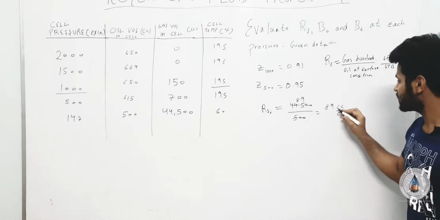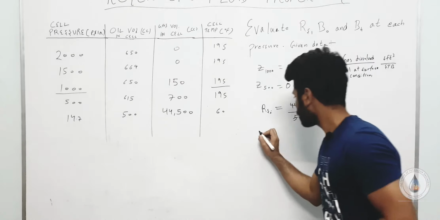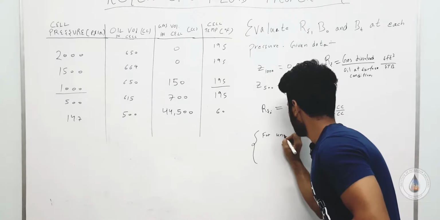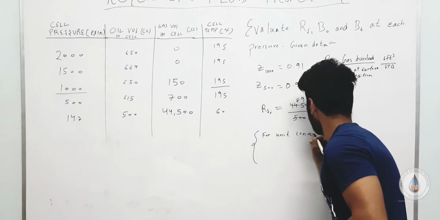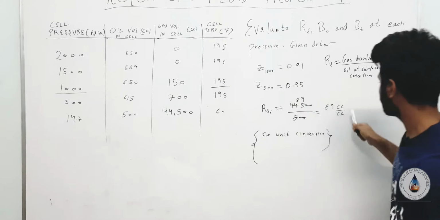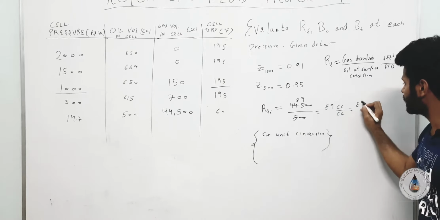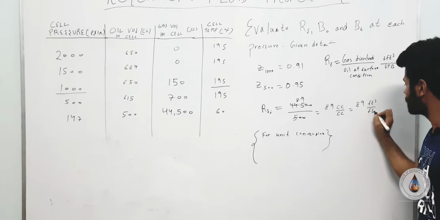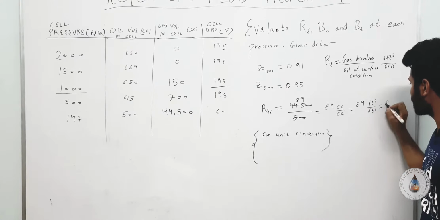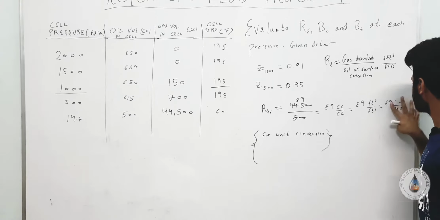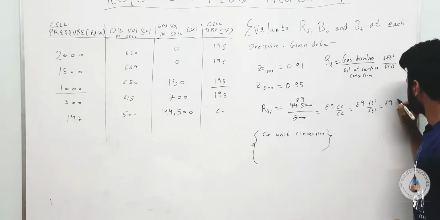Okay, now this is one more concept, that is unit conversion. I can write this as 89 feet cube upon feet cube as well, or 89 barrel per barrel as well, or in this case it will be stock tank barrel per stock tank barrel.